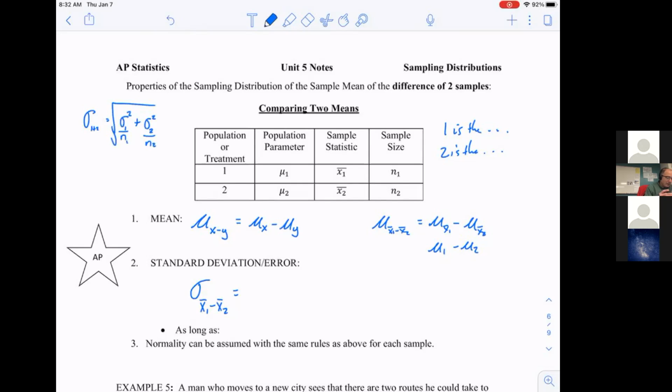So my standard deviation calculation becomes the square root of the standard deviation squared of 1 divided by n1 plus the standard deviation squared of 2 divided by n2. And I probably did an absolutely poor job of explaining that.